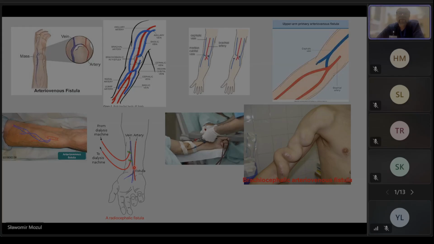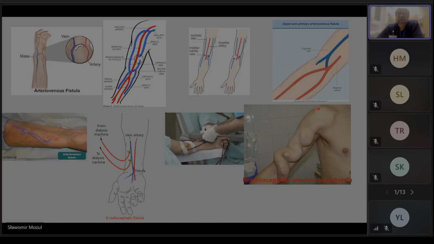The needles are inserted into the arterial segment and the venous segment of the fistula, one for drawing blood to the dialyzer and the other for returning the cleansed blood to the patient.